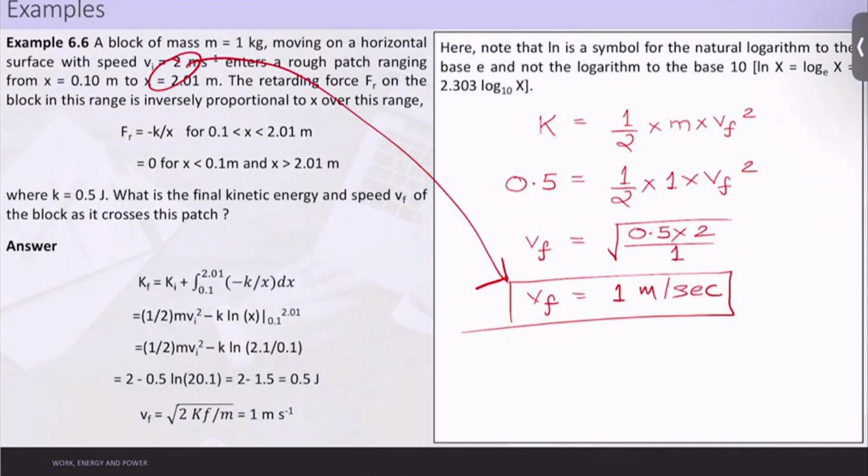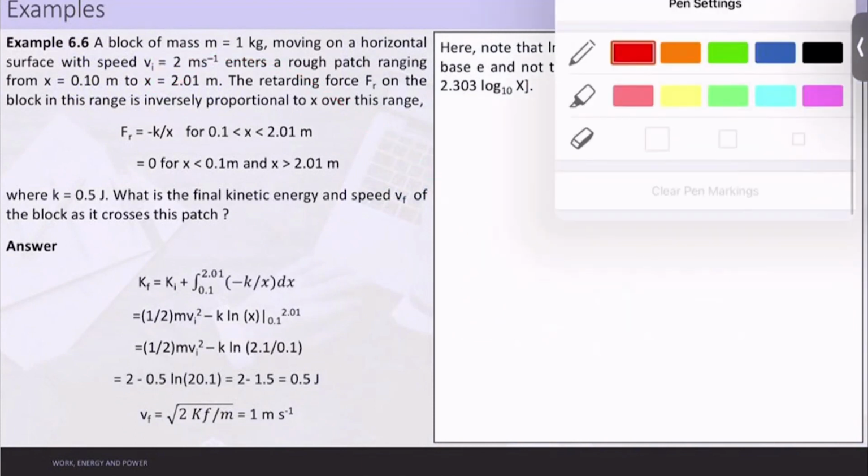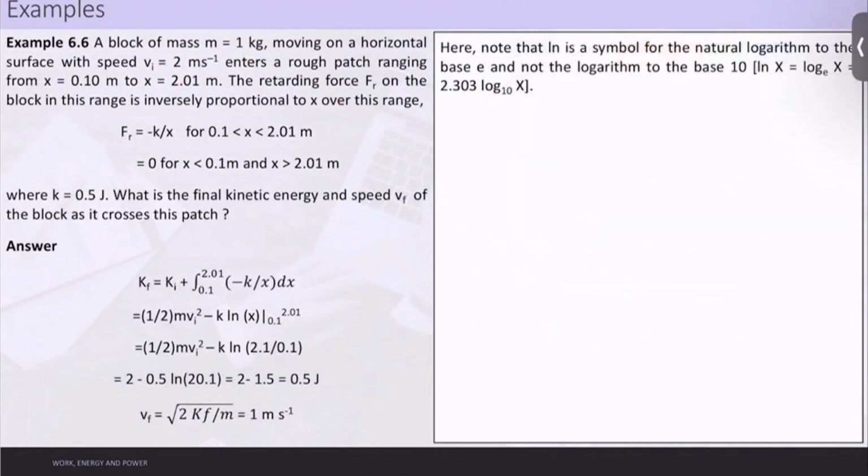Okay, fine. That thing being said, only a small note so that you should understand the difference between log and ln. So here note that ln is a symbol for the natural logarithm to the base e, and not a logarithm to the base 10. Okay, you will understand this concept in mathematics much more clearly. ln x is basically log base e of x.